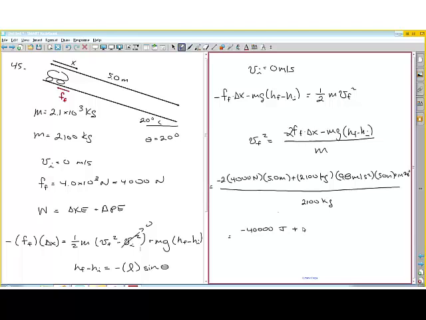And I get 35,200 joules. What's bothering me here is this is a negative number, and I can't have a negative number. So let me pause here and find out what I've done wrong.